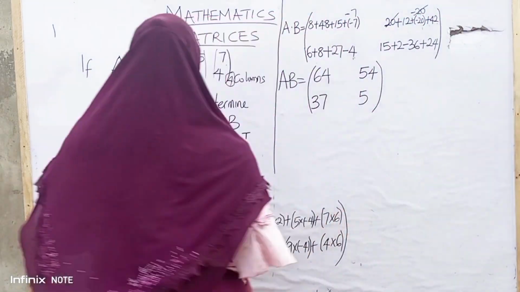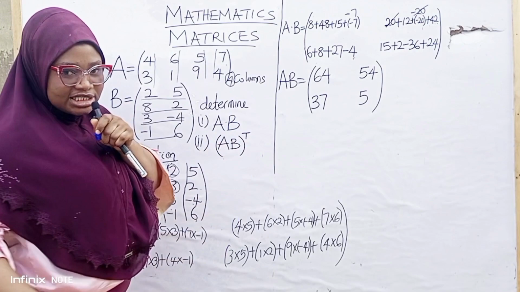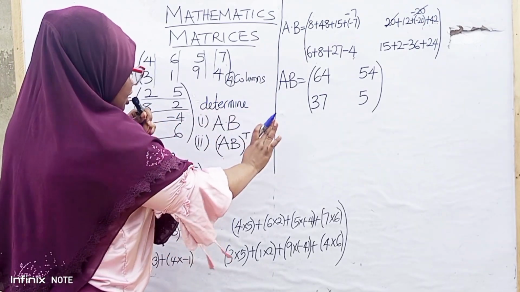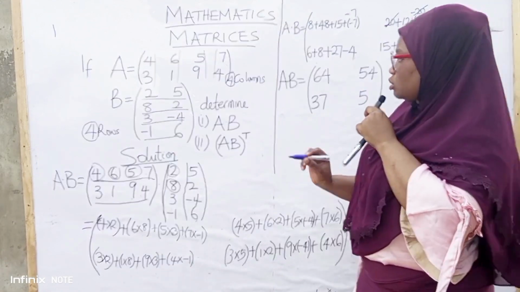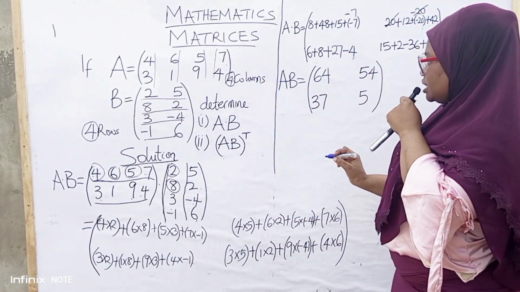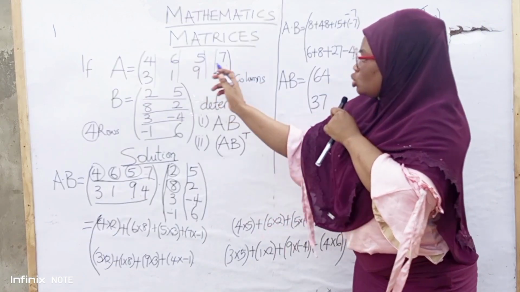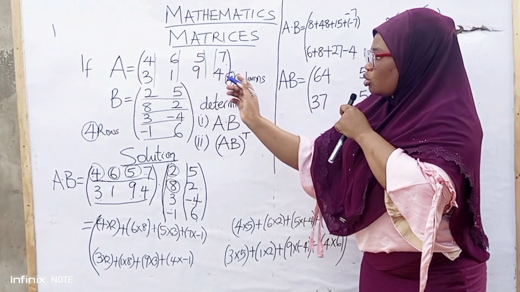Now, there's something that I need to tell you. You can easily know the order of your answer even without doing it. You quickly know, so that whenever you are making a mistake, you quickly know. So here, the order of matrix A is 2 by 4. That is, how many rows? 2 rows. Then 4 columns.